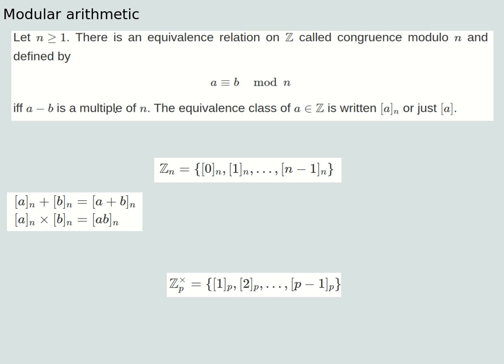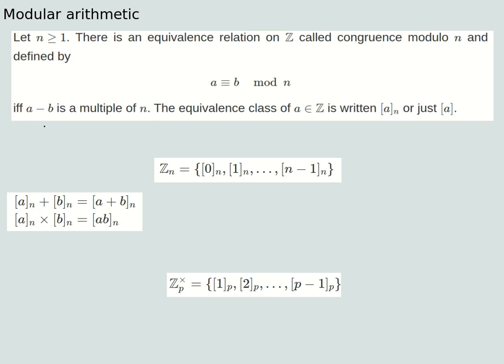So this turned out to be an equivalence relation called congruence modulo n, and we had some special notation for the equivalence classes under this relation. So the equivalence class of an integer a under congruence modulo n was written [a]_n, or just [a], or sometimes, if we're feeling lazy, just a in square brackets.